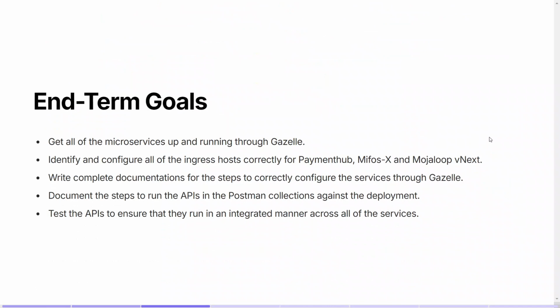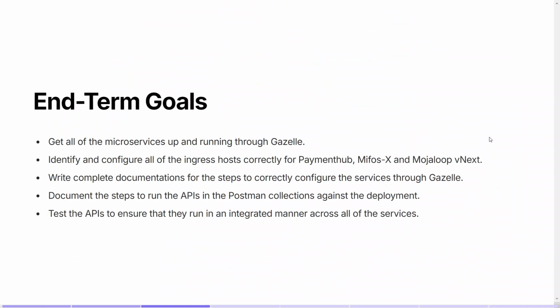The end-term goals for this journey were to get all the microservices up and running through Gazelle, and then configure all of the remaining hosts so that all the APIs could be accessed through the available Postman collections, including the payment hub, Mifos and the Mojaloop APIs.